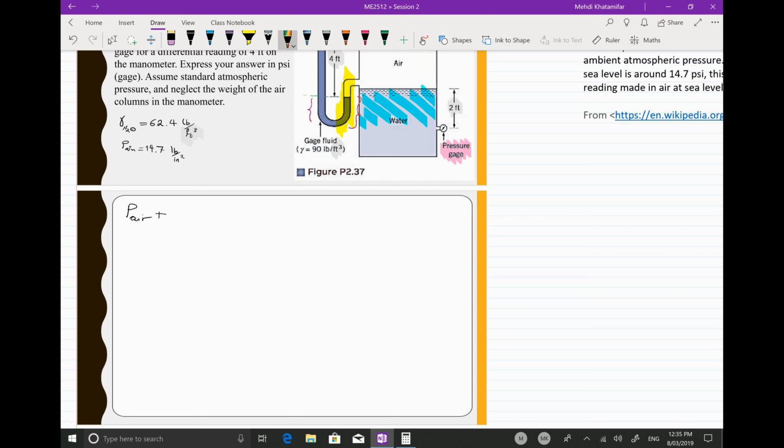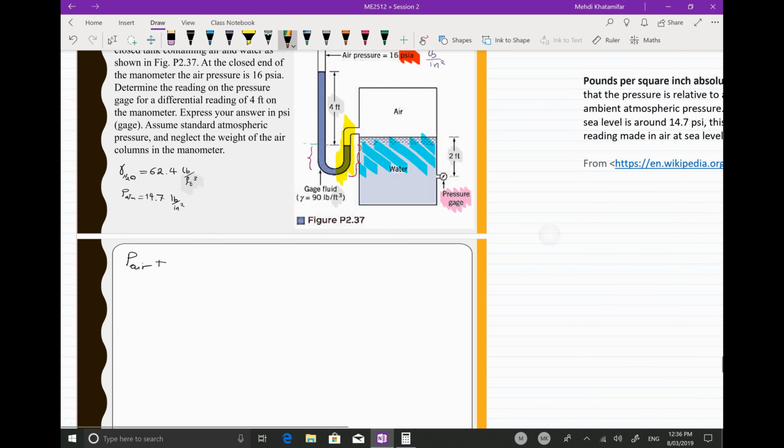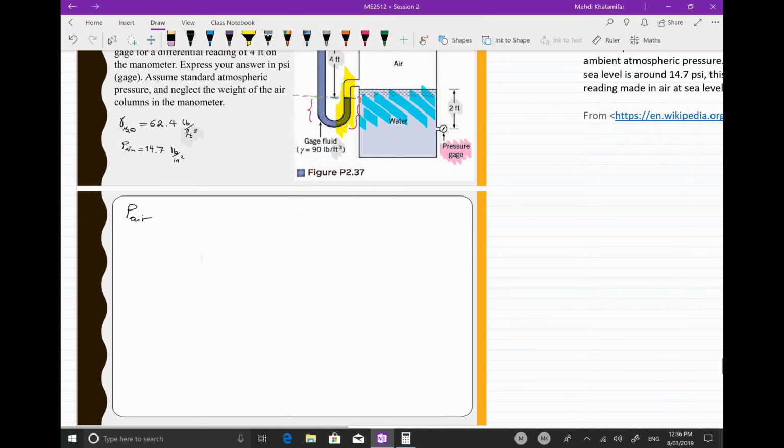So I'm not going to include it in my pressure balance between left and right side of the manometer. So this level is going to be my original or jumping level. Instead of adding something, I'm going to just say nothing else. I'm jumping to the left side.